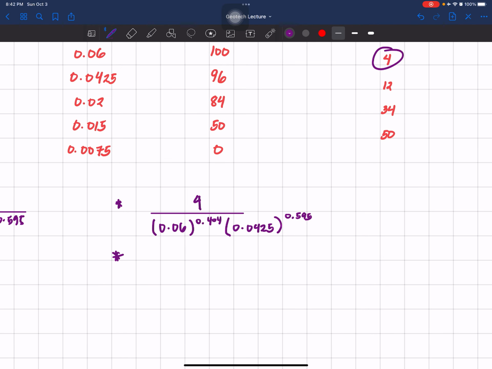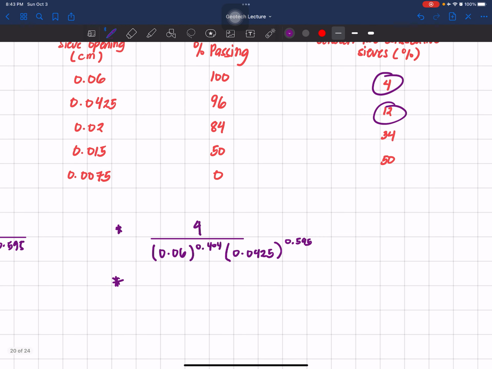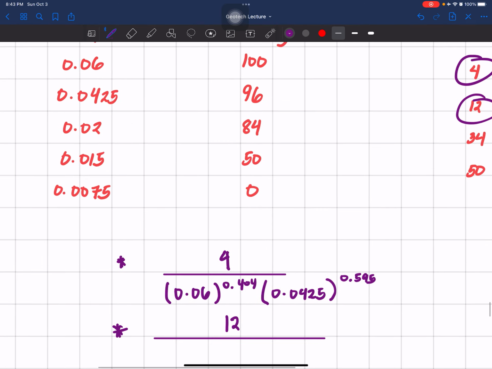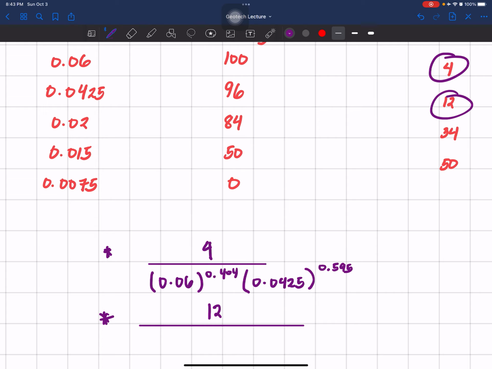Second term. So, second term natin will now be itong 12 naman. So, ano yung pumapagitan sa 12. So, we have 12 all over, ano yung pinapagitnaan si 12, that is 0.0425 raised to 0.404 multiplied by 0.02.